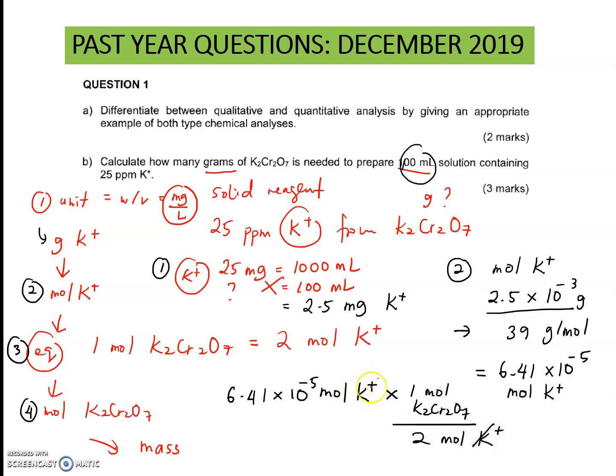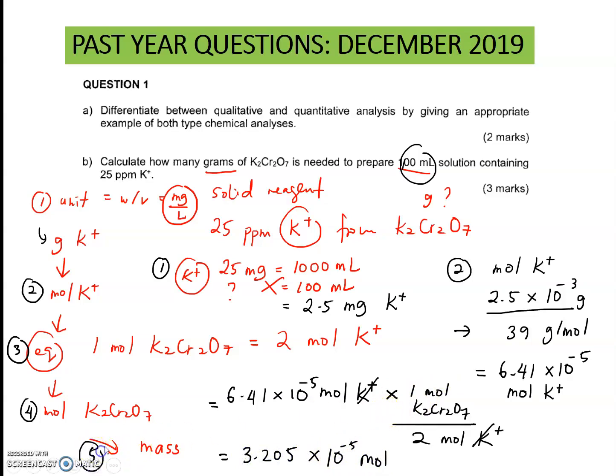Then you can cancel the unit potassium. So the mole of molecule is 3.205 exponent -5 mole potassium dichromate.